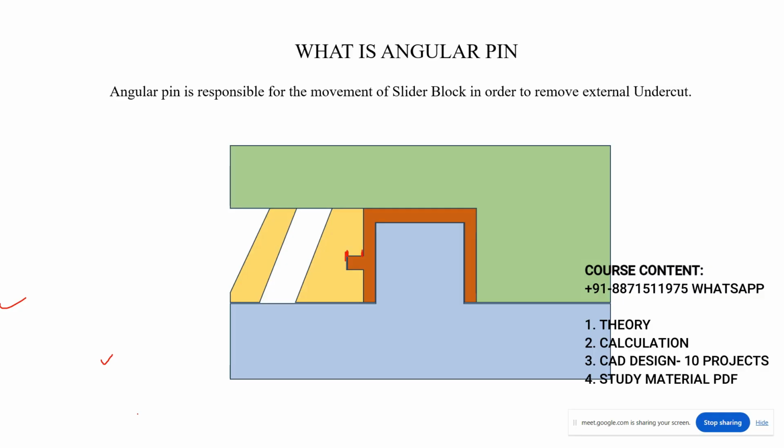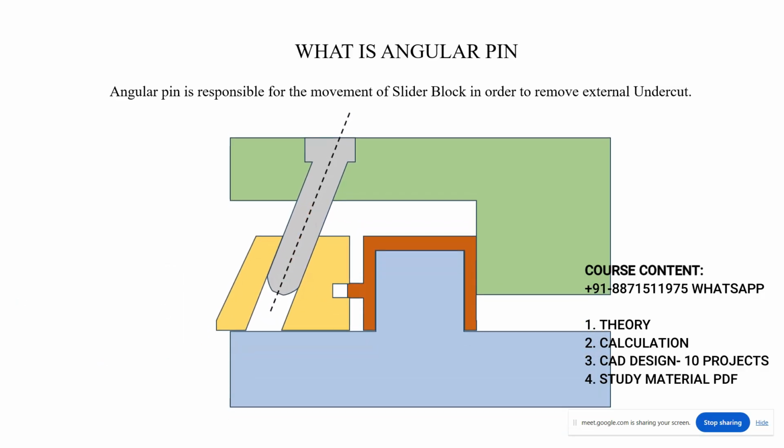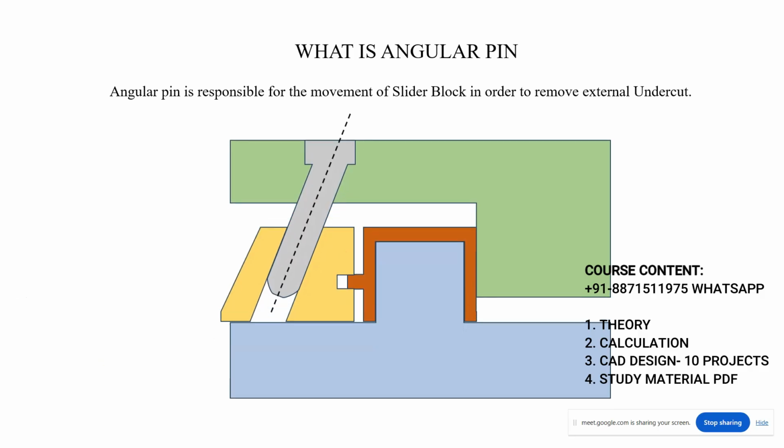Now see here, we have a big component here, and what is this? This is the undercut. Now you can see here, this is the angular pin which is attached with the cavity plate. Understood or not? Now what is the purpose of this? See what is happening here.